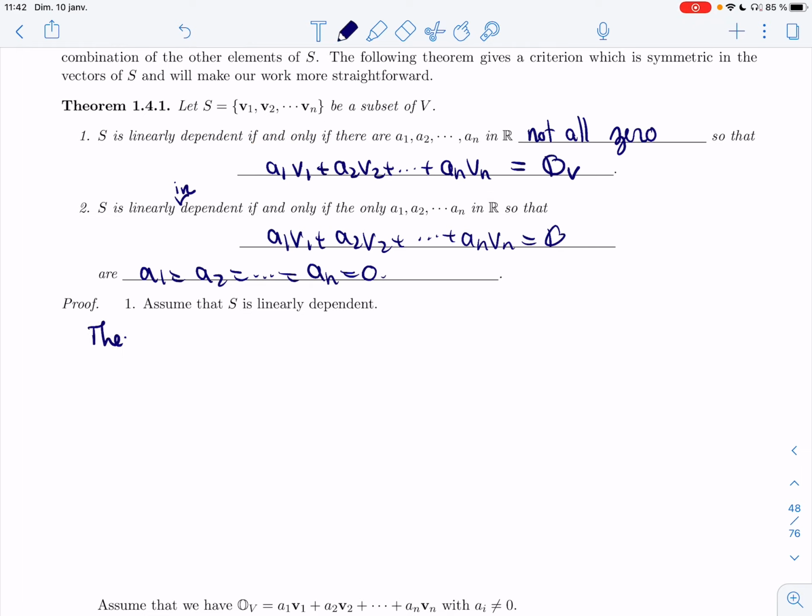Then there's one of the vi's that can be written as a linear combination of the other elements of S. So I can write something like this. All right, so I'm really skipping vi because I'm not allowed to use it.